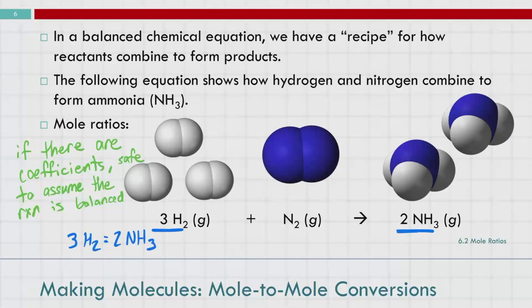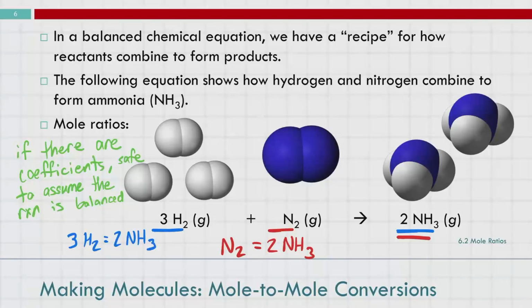Given a certain amount of hydrogen, we can make a certain amount of ammonia, assuming everything goes perfectly. We could also do a ratio of nitrogen, N2, to ammonia: 1 N2 makes 2 NH3. So if we put in a certain amount of nitrogen and we've got plenty of hydrogen, how much product can we make?